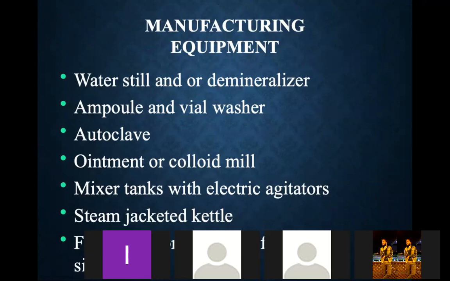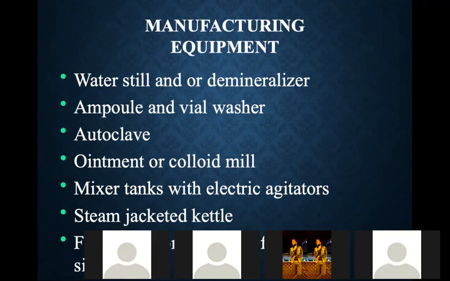Equipment you need, what do you need? Water still and demineralizers. So you may have to use various types of equipment when you are going to manufacture pharmaceuticals in a pharmaceutical unit where the drugs have to be manufactured. So water still or demineralizers.